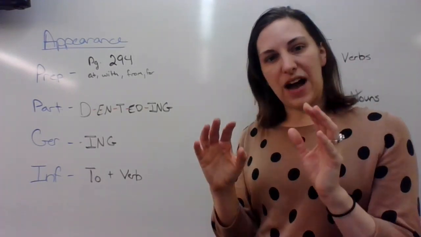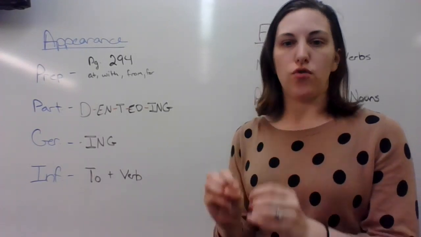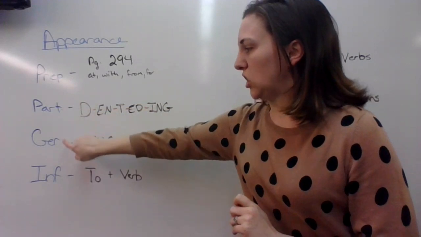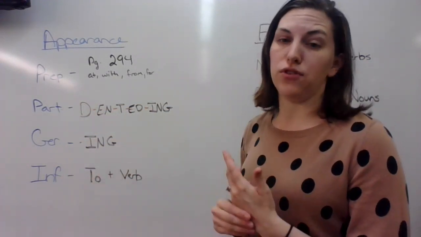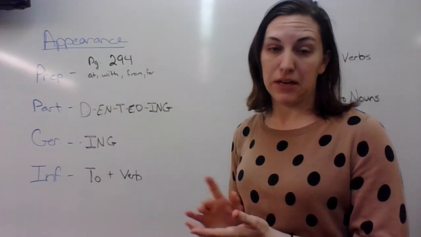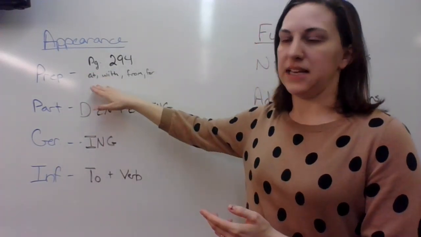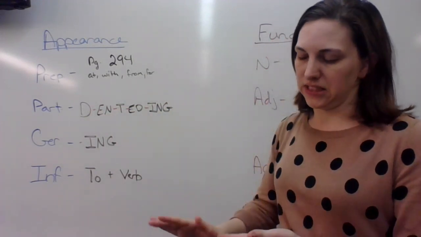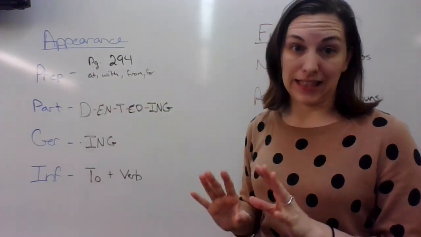If you can find them and you know that's a preposition, then you know this is a prepositional phrase. A preposition does not look like the rest of these, so that one's kind of easy. If you know your prepositions, and many of you do, then you know this is a prepositional phrase. Well, what's the next part of it? Because prepositional phrases can be adjective or adverb. But if you know what it looks like, that's half the battle.